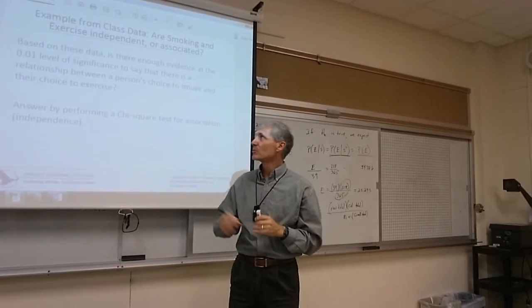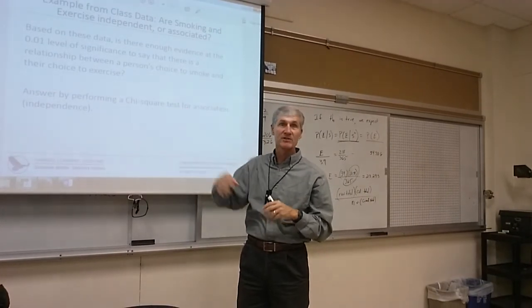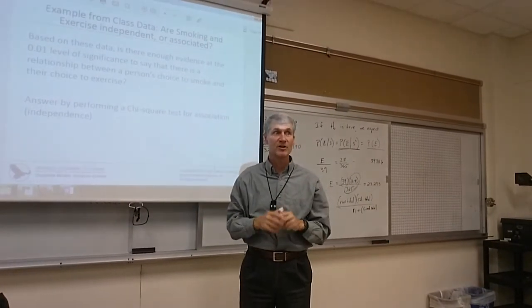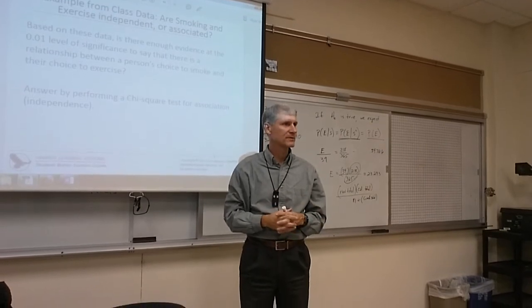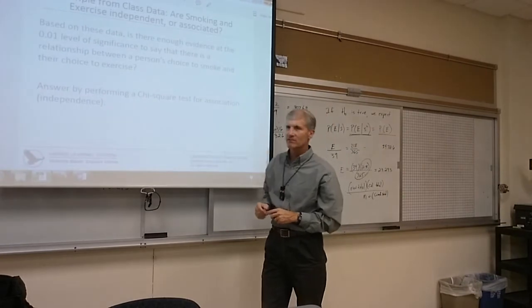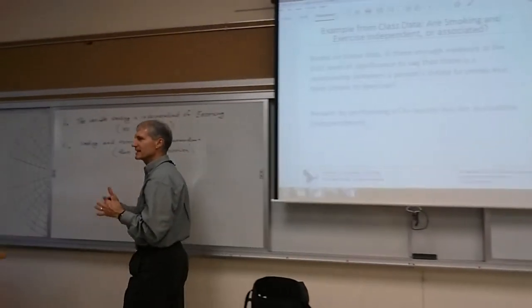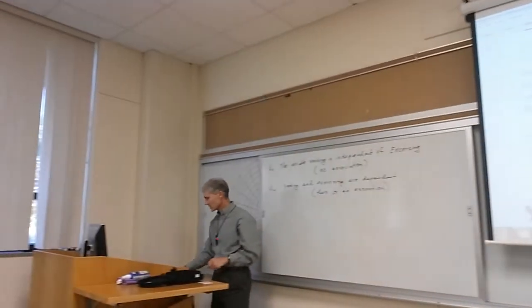When they say relationship between 2 variables, that means an association. It means they're not independent. Right? Answer by performing a chi-square test for association. It's also called a chi-square test for independence. So those two mean the same thing.